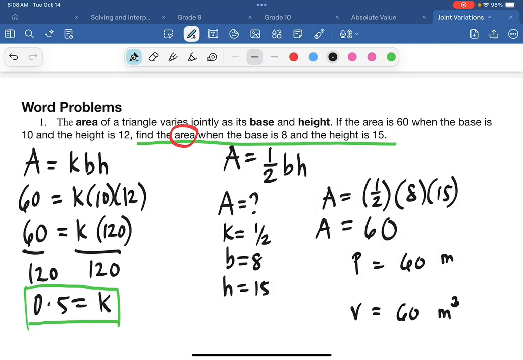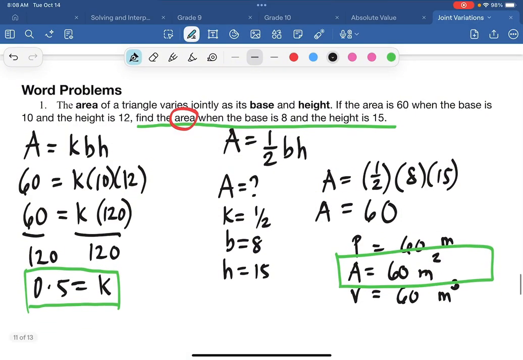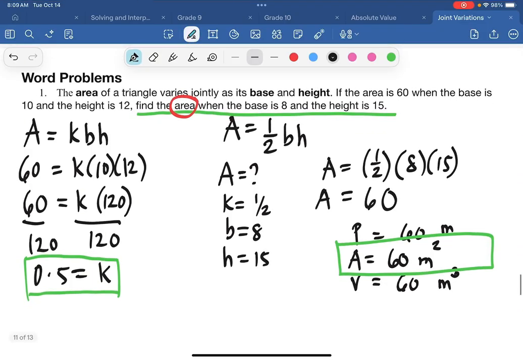That means for area, our answer should be 60 square meters. Since based on the problem there's no such unit like meter or inch, the proper way of answering this without a certain unit is to have area is equal to 60 square units.